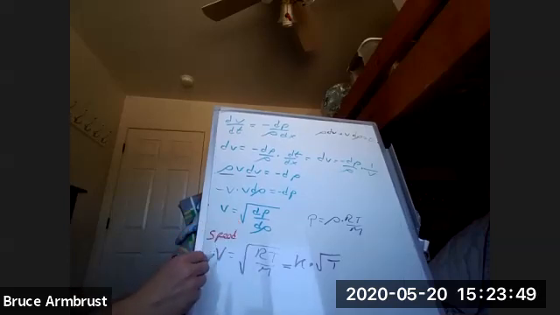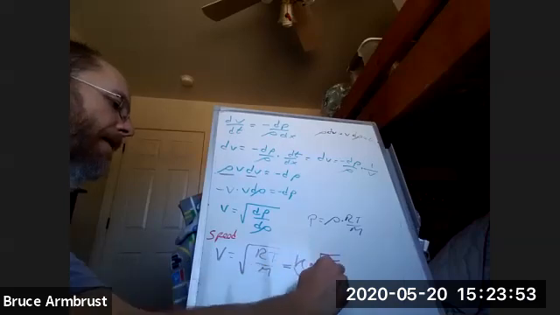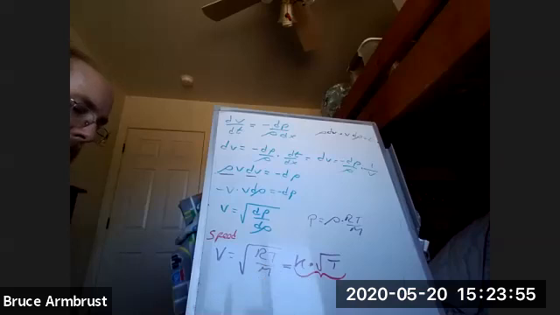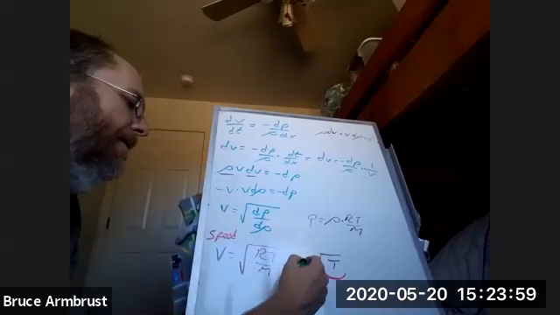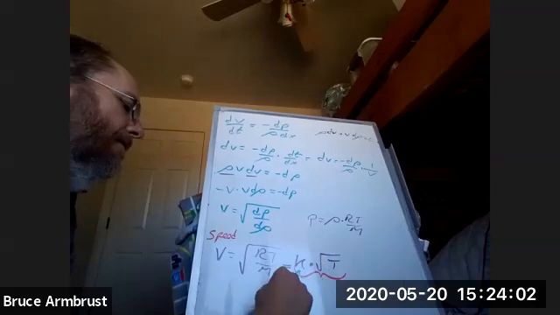The speed of sound in your medium is dependent upon the medium. That's what the K is. The K is going to be determined by the gas.